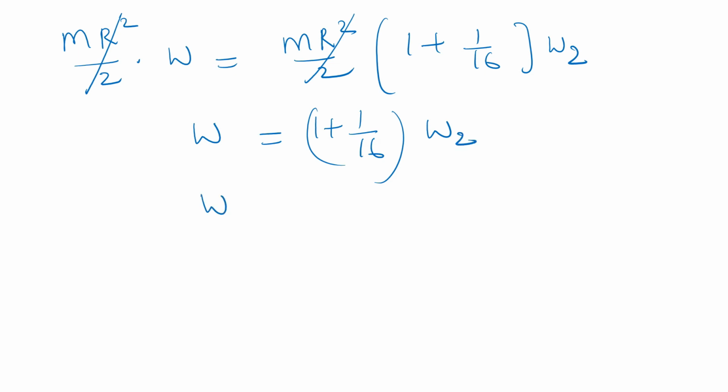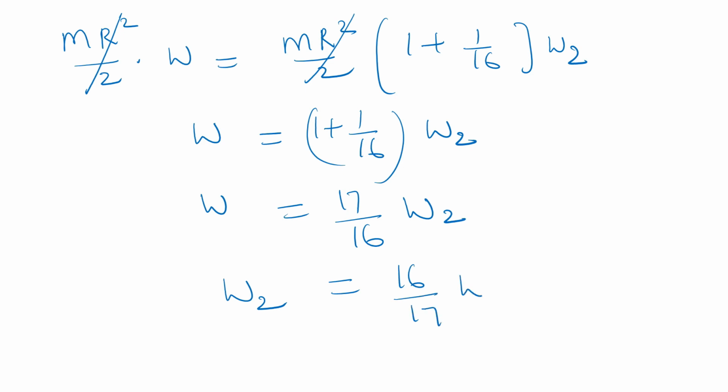So omega is equal to, taking LCM, 17 by 16 omega 2. From this we are writing omega 2 is equal to 16 by 17 omega. This is the final answer. So omega 2 is equal to 16 by 17 omega. Okay, this is the final answer. Thanks for watching this video.